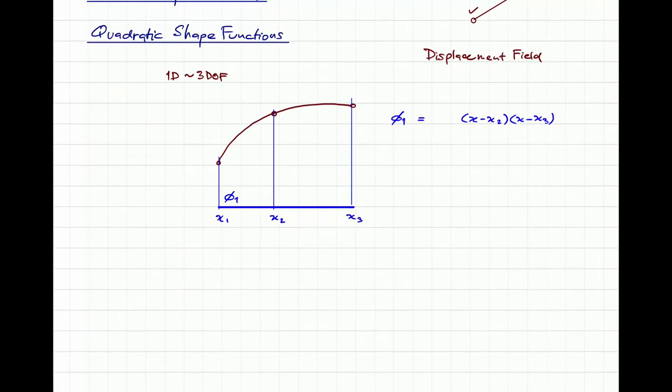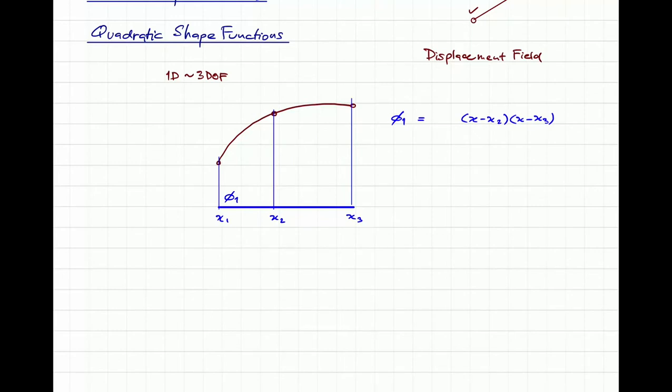What does this mean? X minus x2, when the x value is equal to x2, you're gonna get 0, or equal to x3, you're gonna get 0 from another parenthesis. So this multiplication gives you the OR, right? It could be x2 or x3, then you get 0.